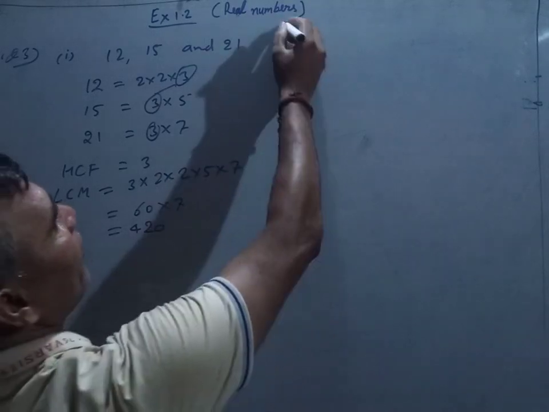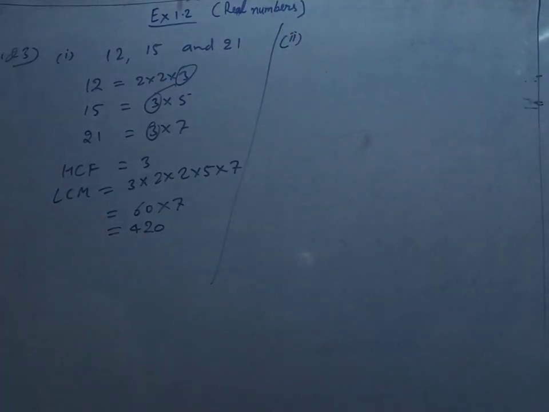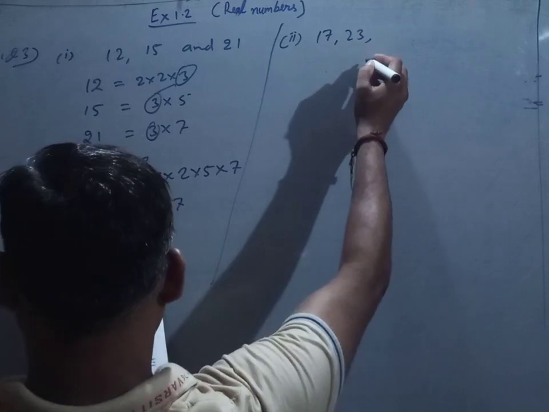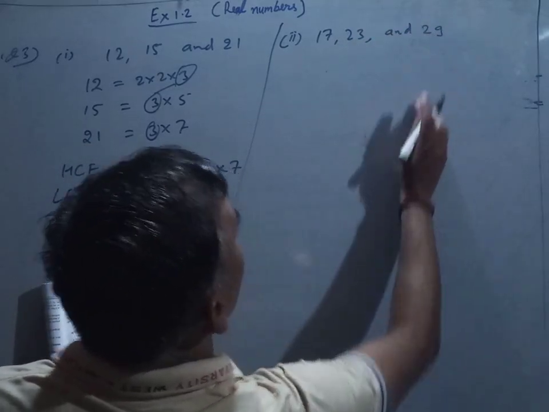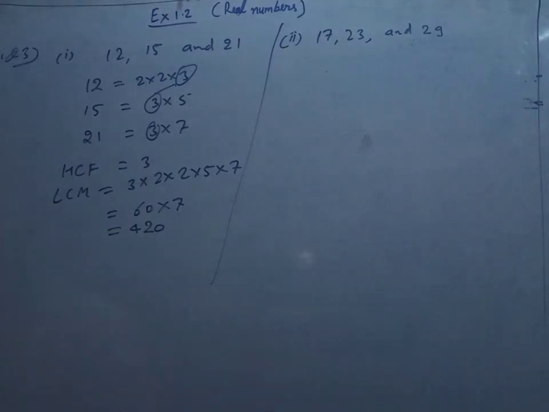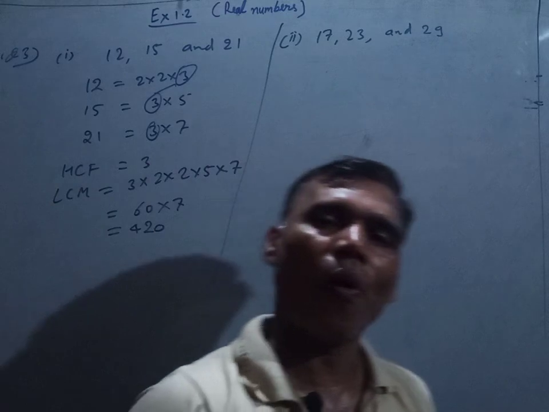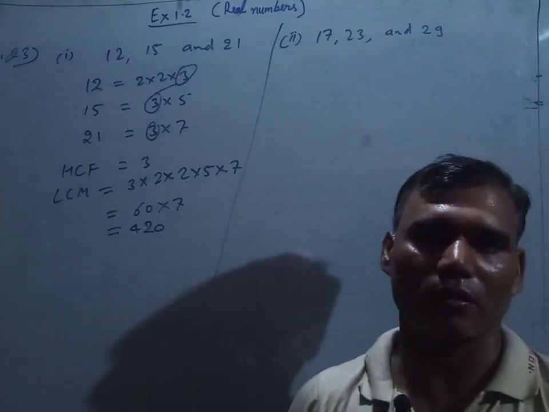Next, we take the second part. We have the numbers 17, 23 and 29. Here these numbers are each prime numbers.